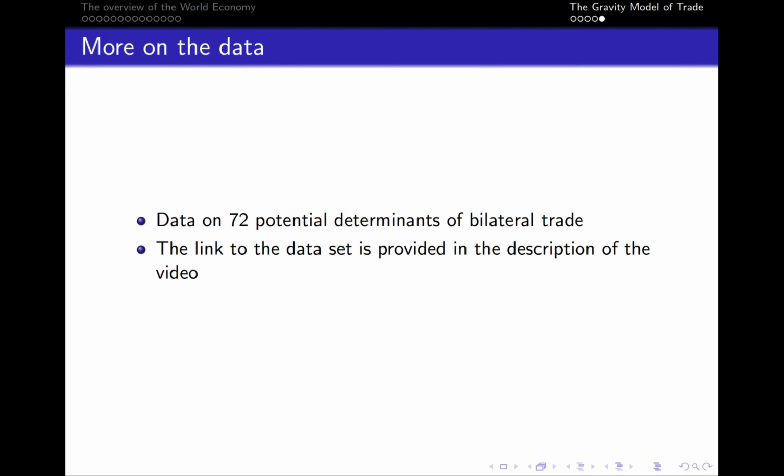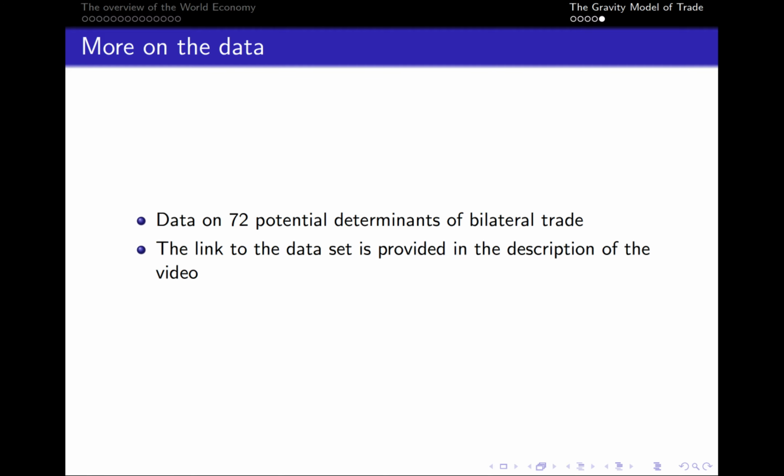Please download it and try to reproduce what we've done, and then try to extend the model a little bit. And of course, you will have a preliminary version of the paper. In this preliminary version, you've got an annex in which I explain in detail all the variables in the dataset.